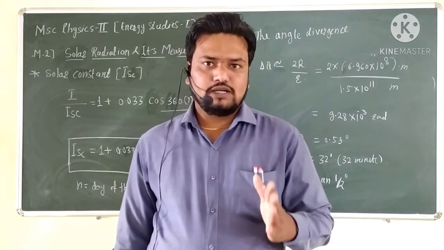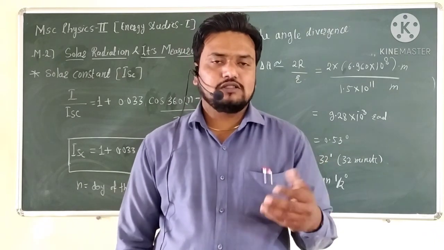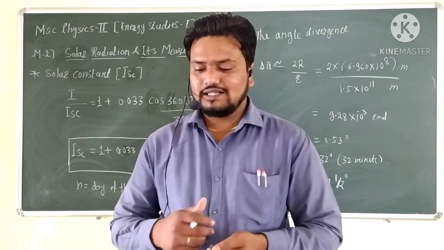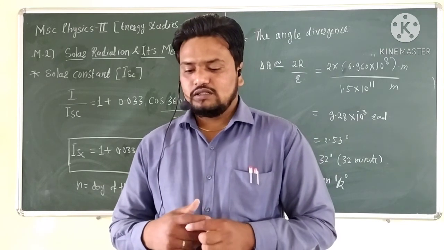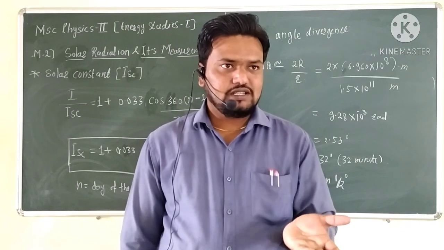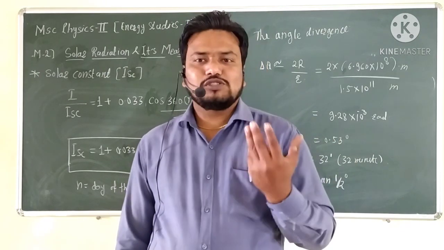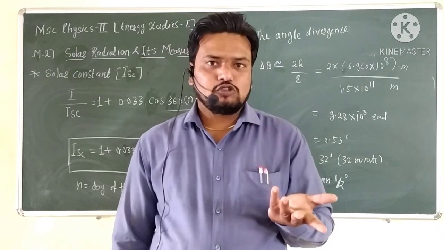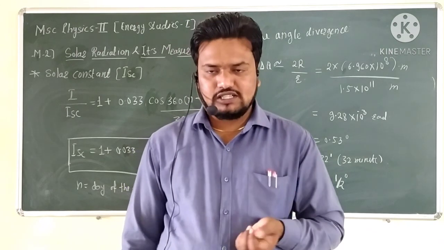That spectrum and its wavelength range we will see in the next lecture. After that, the solar radiation at the earth surface, that is, what is meant by terrestrial solar radiation and extraterrestrial solar radiation, we will see in the next lecture.